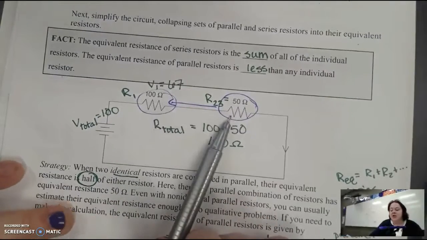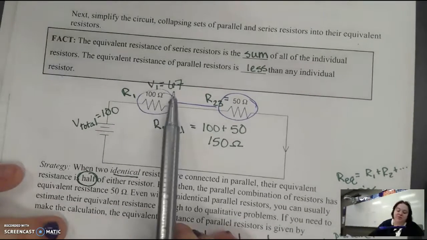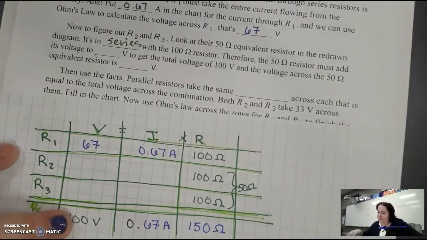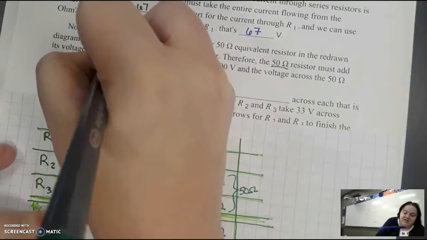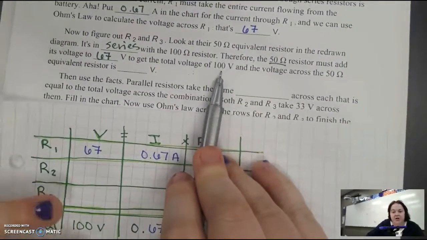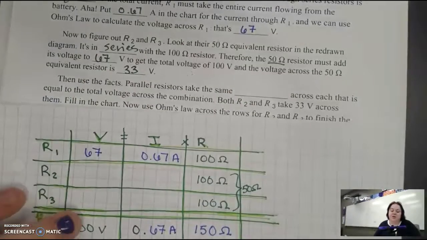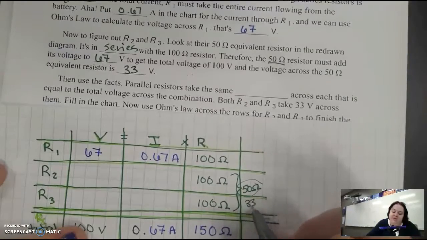And if these two are connected in series, from our four facts, the voltage across series resistors is different, but adds up to the total. The total is 100. We already have 67. So the 50 ohm resistor must add its voltage to the 67 and combine to 100, which means that this 50 ohm must be 33 volts.